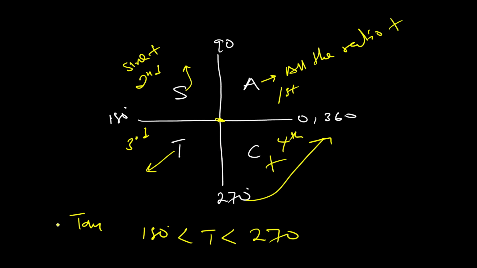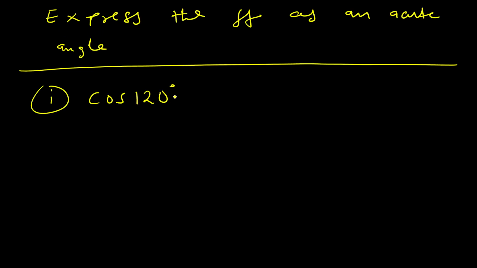So let's talk about how to express the following angles as an acute angle. In case you are given an angle and you are asked to express it as an acute angle, how do we express cos 120 as an acute angle?